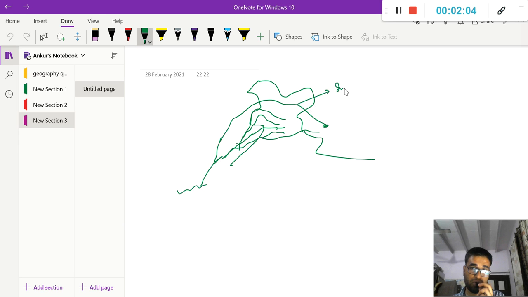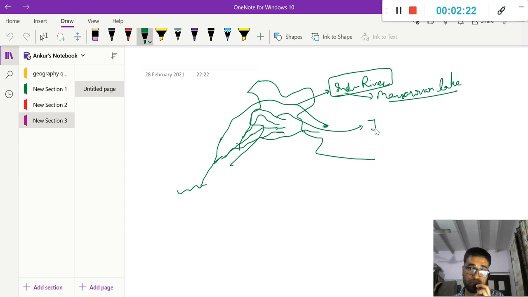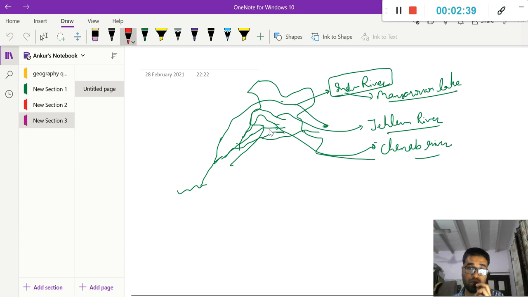Let us mark this. First, this is the Indus River, which originates from the Manjira Lake. This is Jhelum River. This is Chenab River. Let us take a different color.